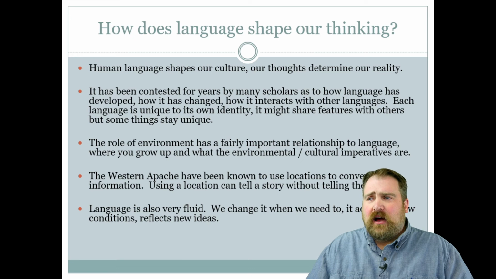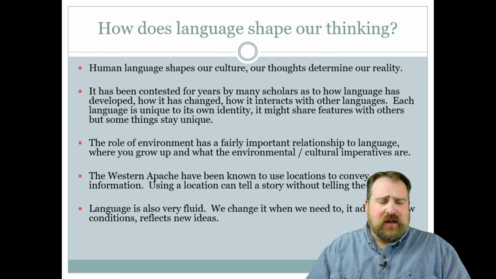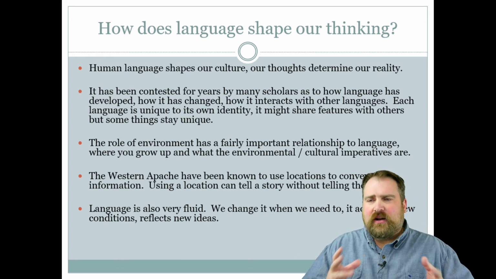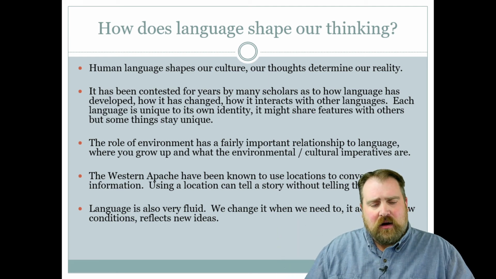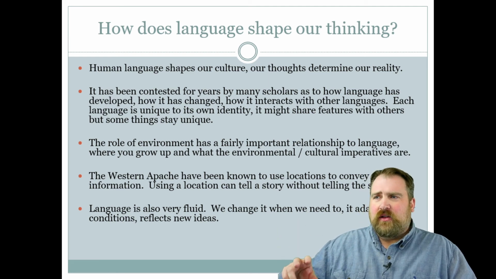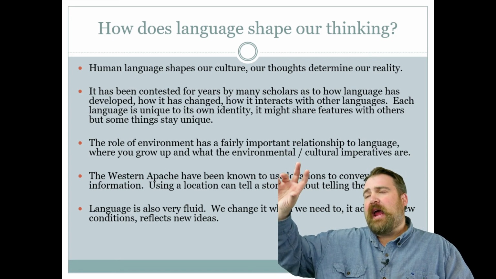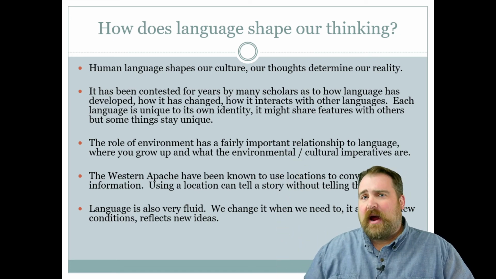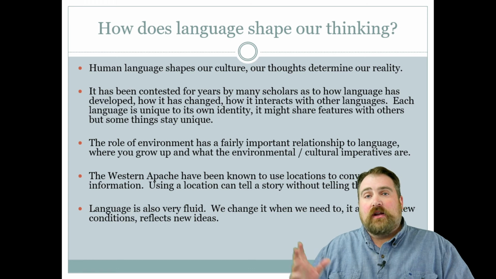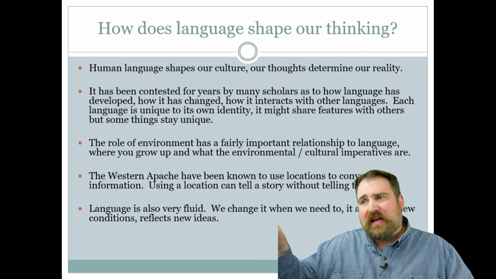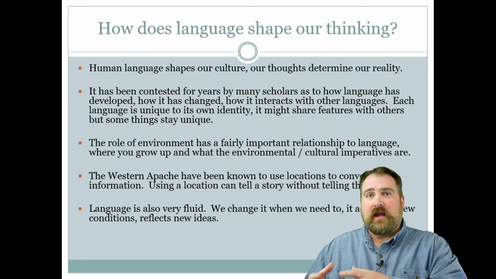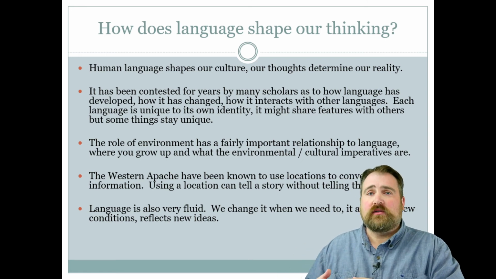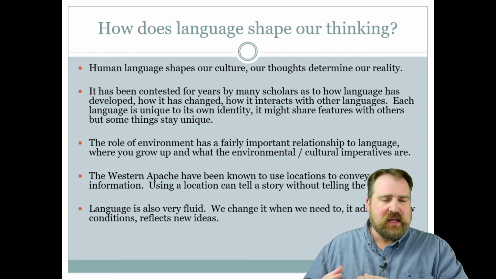So they might have a location and they'll be sitting having a conversation with people, and one of them will say, "Oh, you know, the pass up there with the two trees and the rattlesnake." And everybody knows where that pass is. It's a very specific location, a culturally important location.